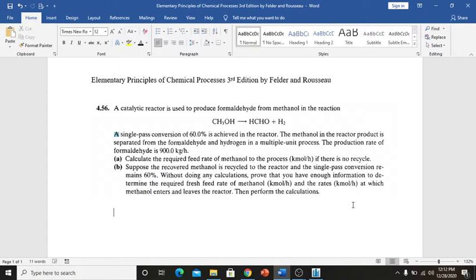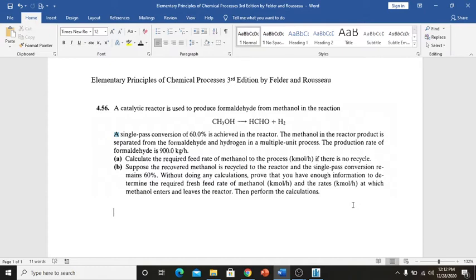Before we proceed to the DWSIM, the unit operations that we will be using for this problem is, first, the catalytic reactor. Second, we will be using a separator, because we have to separate the methanol in the reactor product from the formaldehyde and hydrogen.